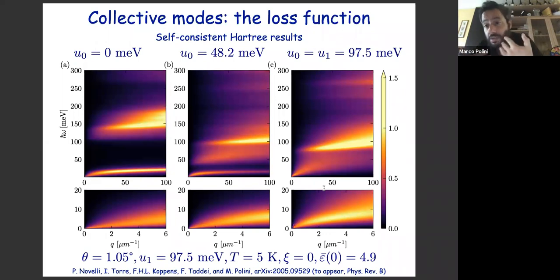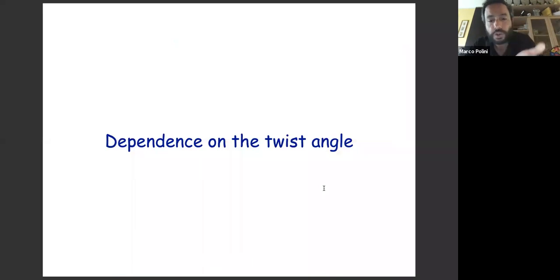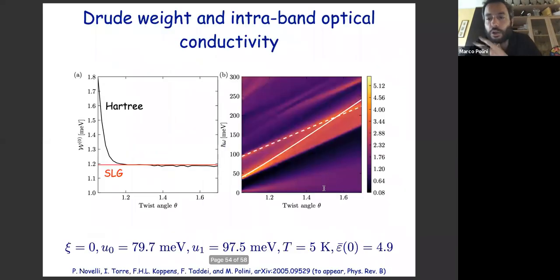So in other words, when U0 is substantially smaller than U1, the group velocity of these interband collective excitations that we find tends to be higher and in very, very good agreement with the experimental data. And of course, you can also study the dependence on twist angle, and the optical properties, transport and everything else are quite sensitive to the twist angle. But I don't need to say that to this audience.